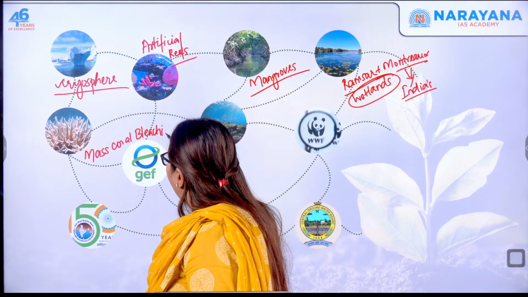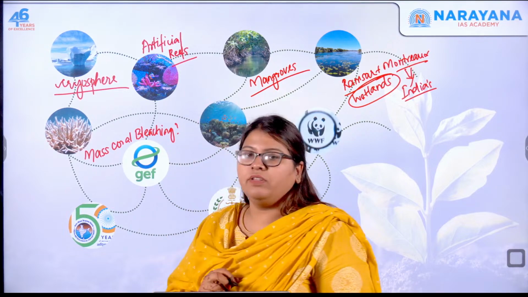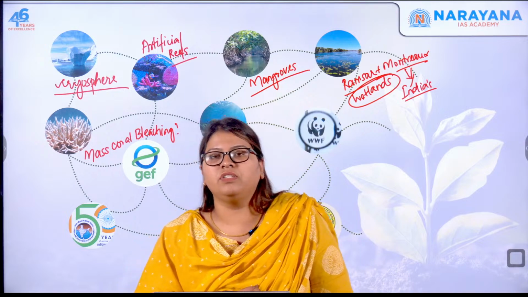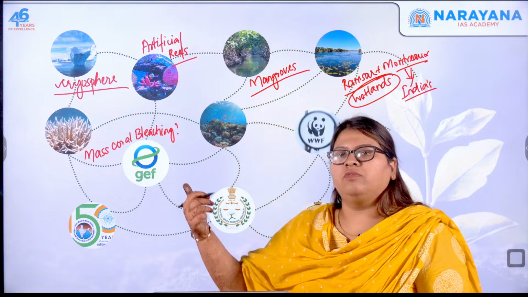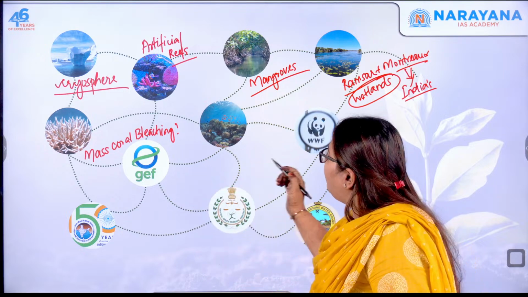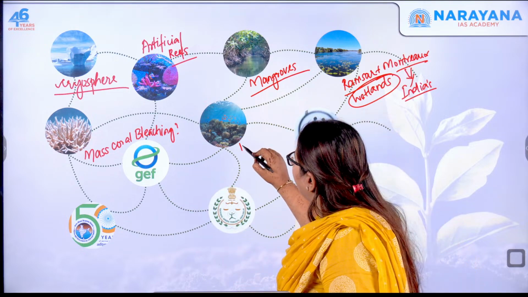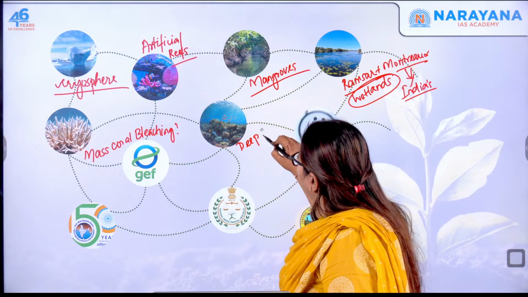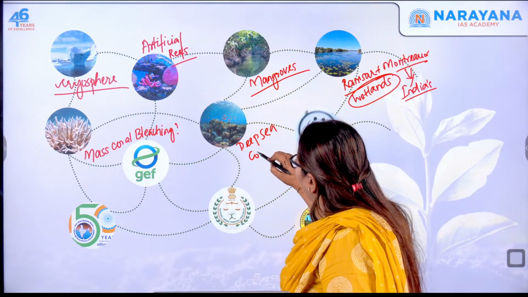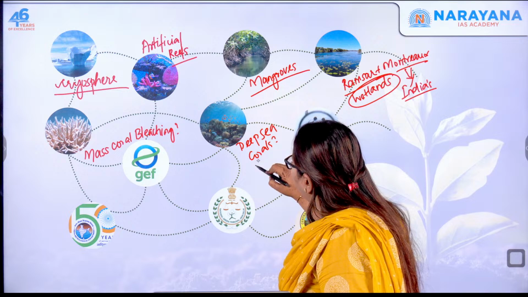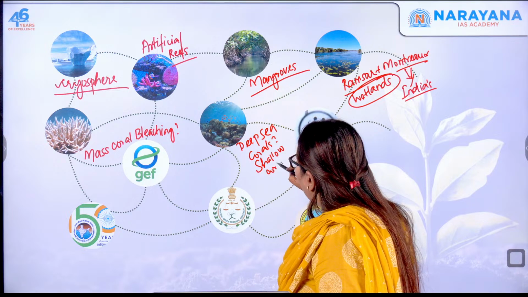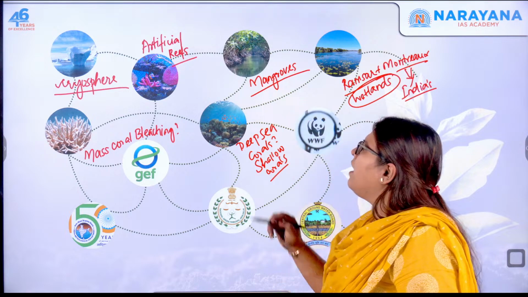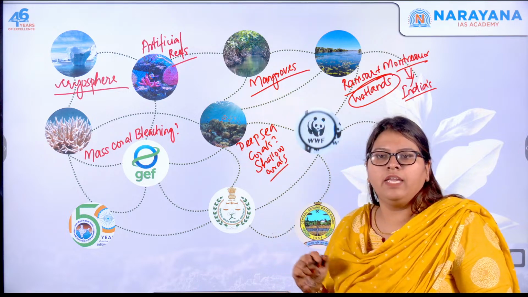And what do you mean by mass coral bleaching, and what are all the factors that are associated with this particular bleaching, and how is it associated with the climate change is what we will see here. Moving forward, we will also be discussing about deep sea corals. What do you mean by deep sea corals, and how they are different from that of the surface or the shallow water corals? This is what we'll be discussing, and with this we will be completing our ecosystem portion.